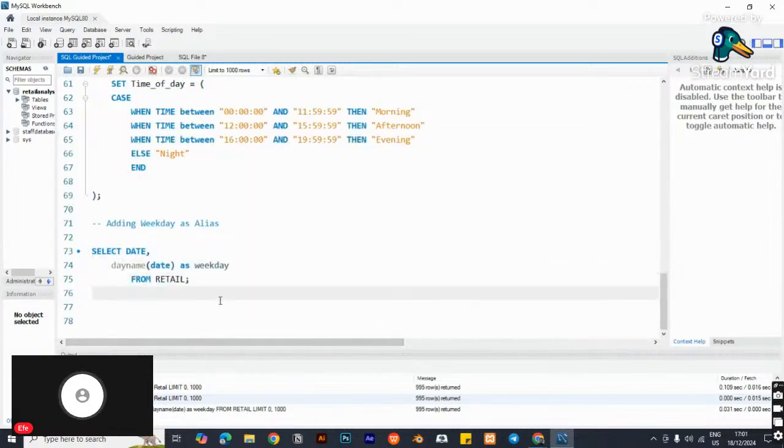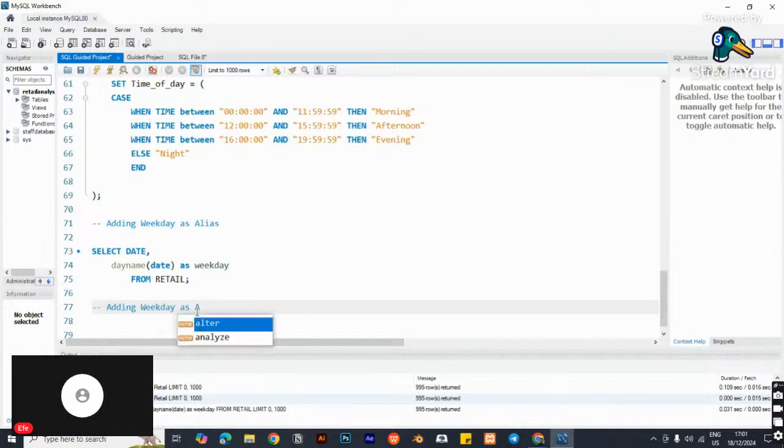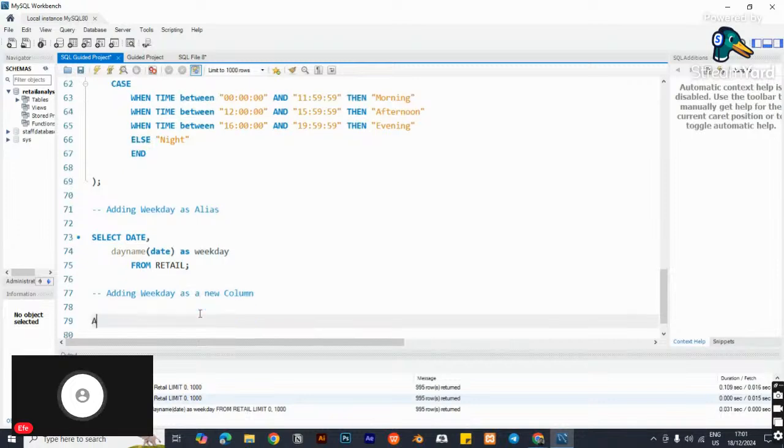The next thing we will do is add weekday as a new column. We use the alter keyword because this is a DDL command.